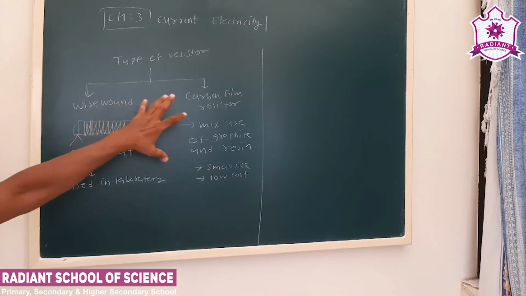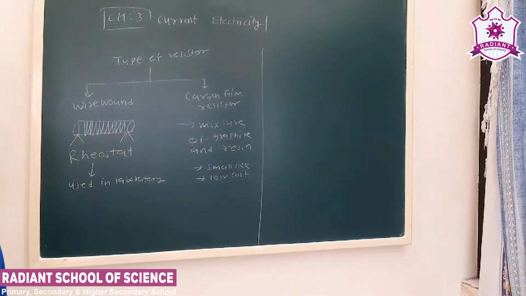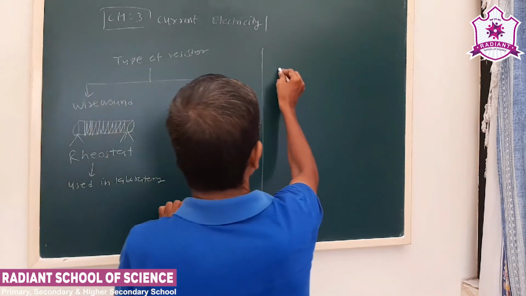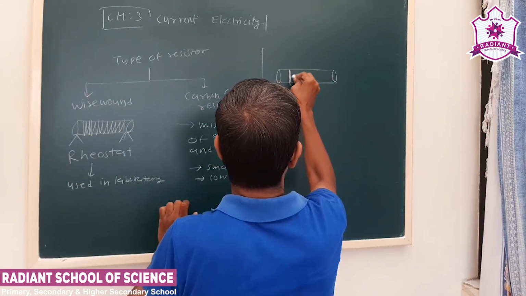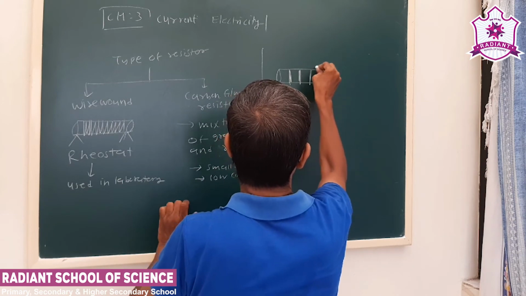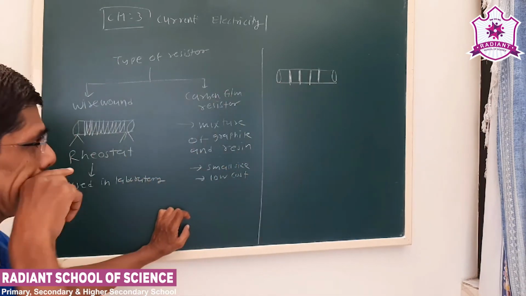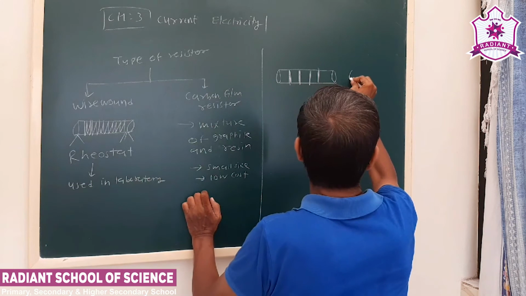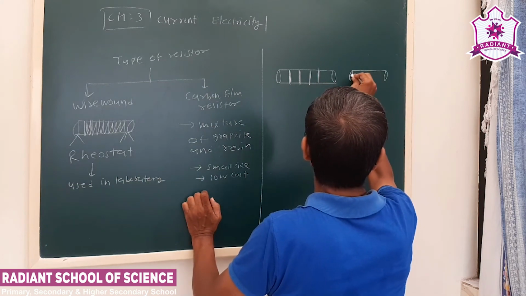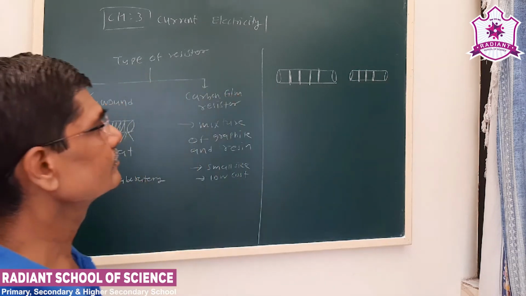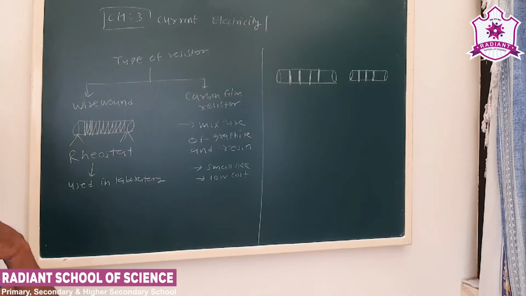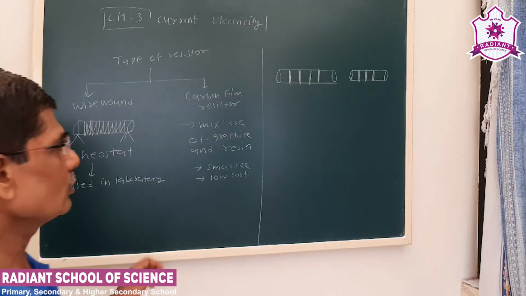Now, how to determine the value of the carbon film resistor? See, on a carbon film resistor there are 4 bands, 1, 2, 3 or 4, or sometimes there are 3 bands. Okay. So these bands determine the resistance and tolerance.